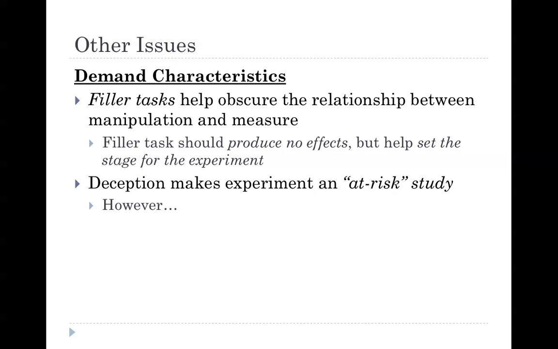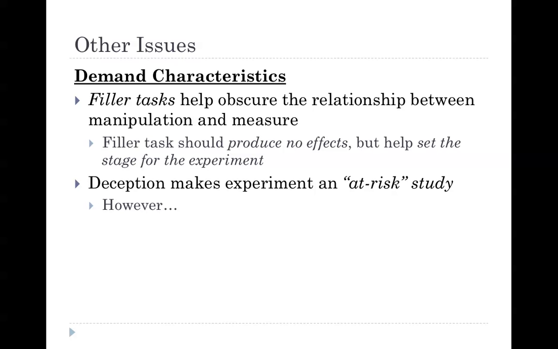It should not be a confounding variable such that it should not obscure the hypothesized relationship between your cause and your effect. Overall, a filler task should just help set the stage. It should help the individual think they're in an actual experiment that they read about. However, do note that it is different from setting the stage itself.